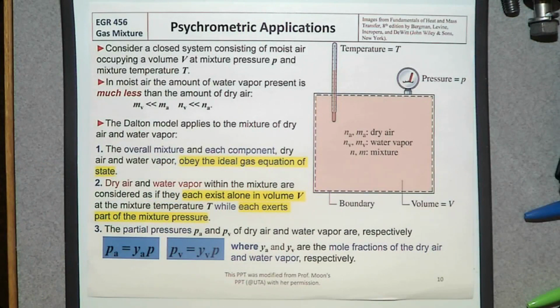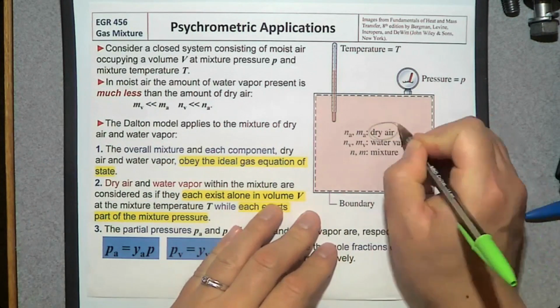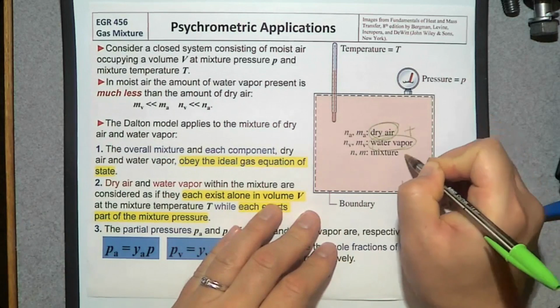Then let's learn how we can analyze a moist air. So moist air is a mixture of dry air and water vapor. So now we have dry air and water vapor together as a mixture.